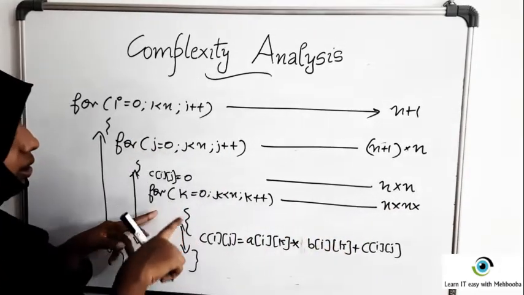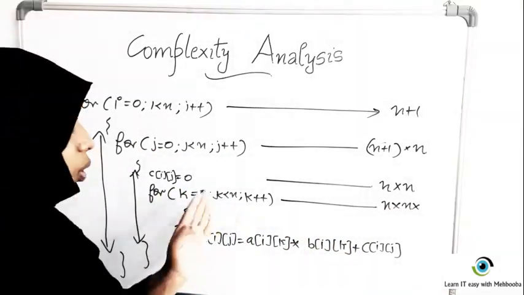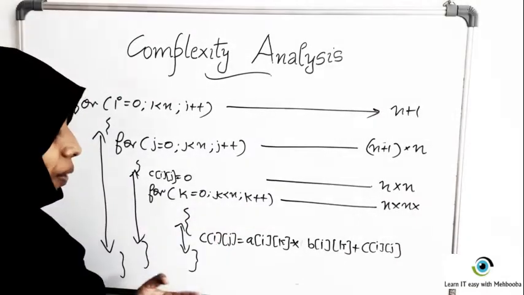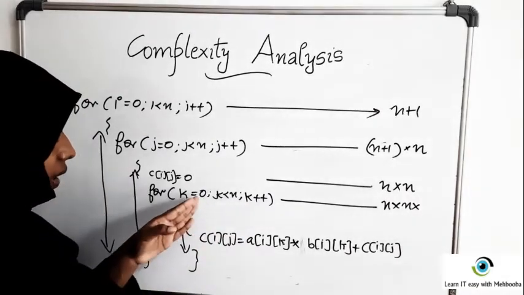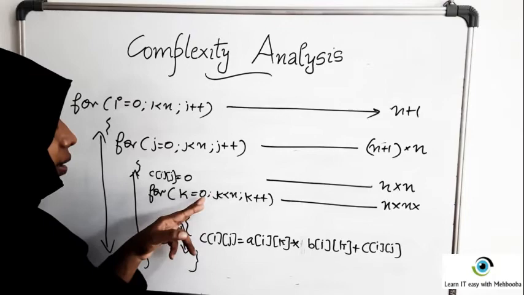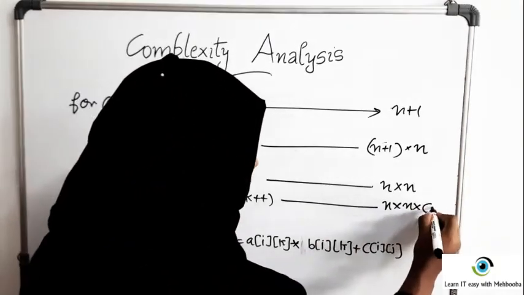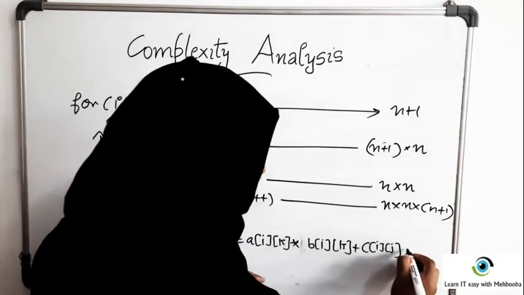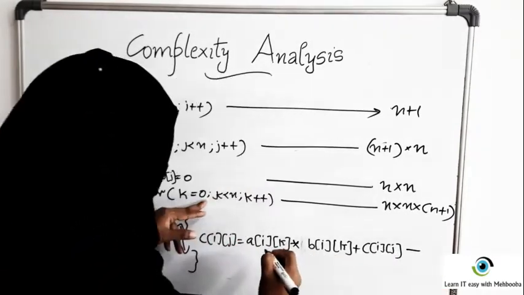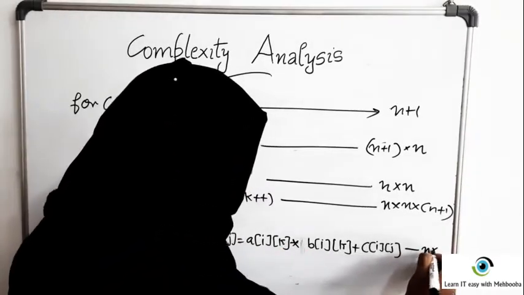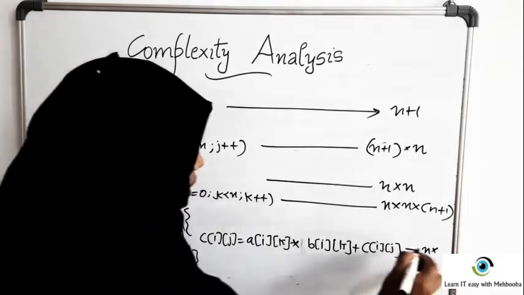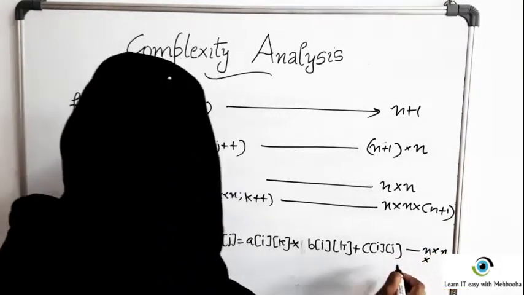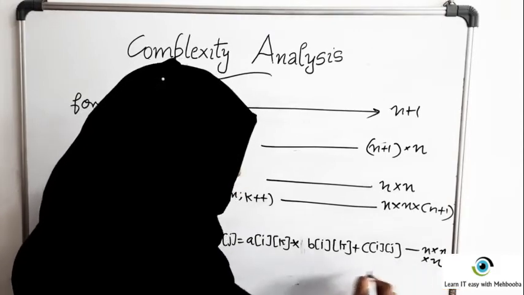And again, this is yet another for loop. This is not a single statement. This is a looping statement. So on its own it can run 0 to n, that is n plus 1 times. Now this code will run n times under the influence of this loop, n times under the influence of this loop, and n times under the influence of this loop.